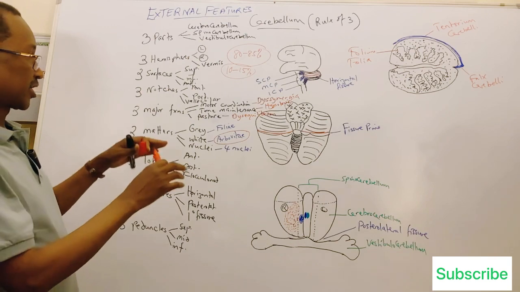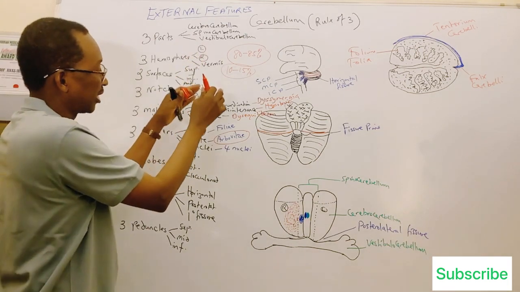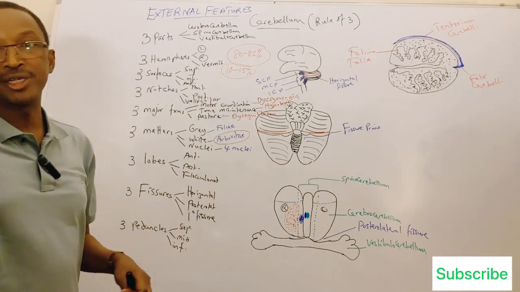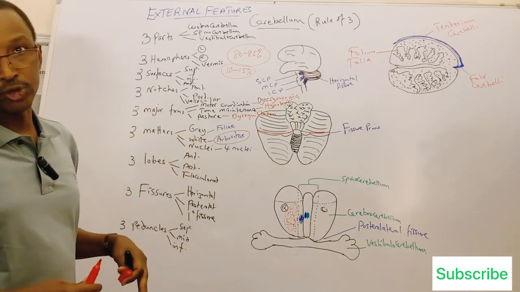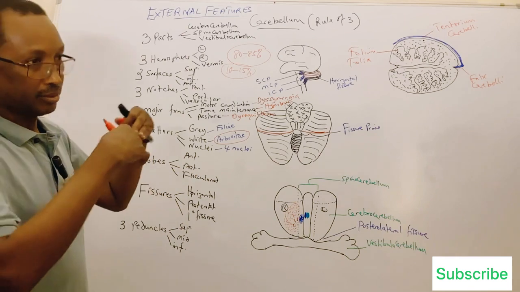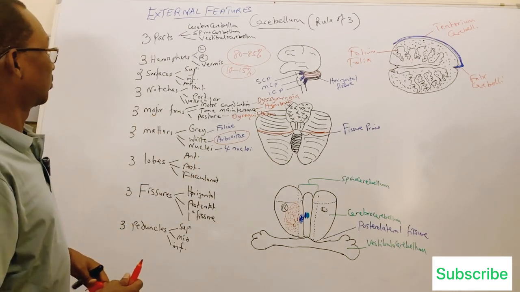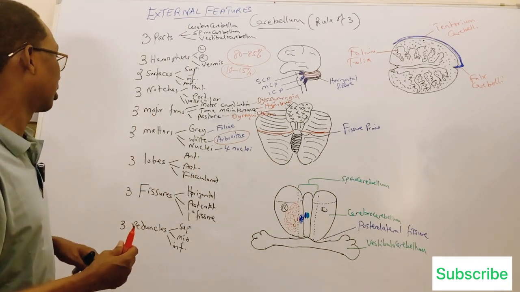A major portion of the gray matter of the cerebellum is folded into the folia. The folia are in hundreds, as compared to the gyri of the cerebral hemispheres.